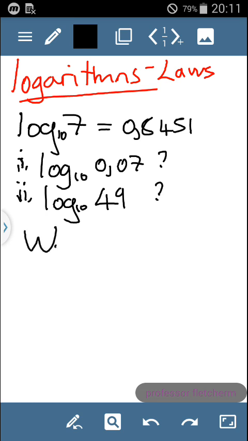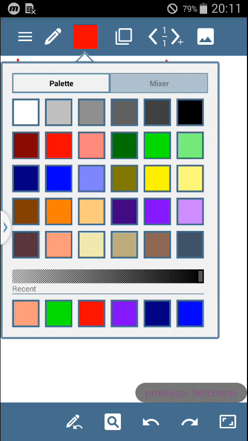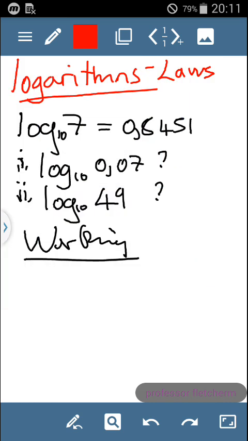The working, how do you go about it? So let me change to red. Right, how do we do that? Part 1: log 0.07 base 10.